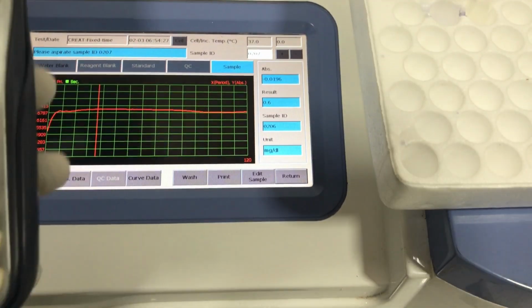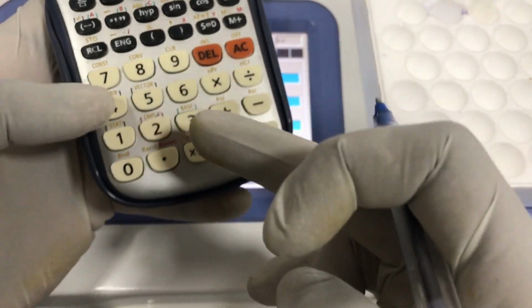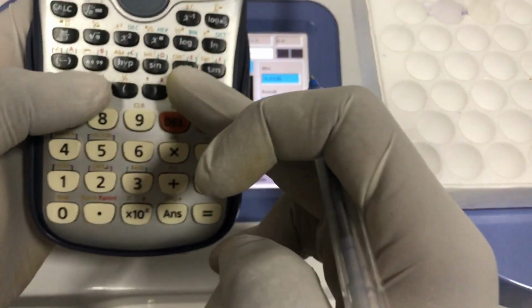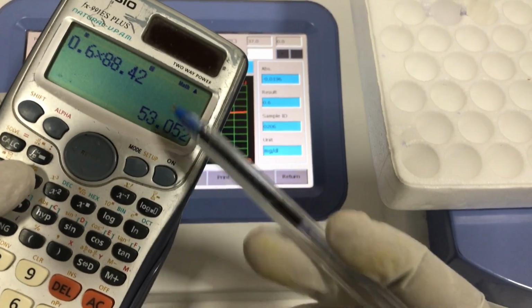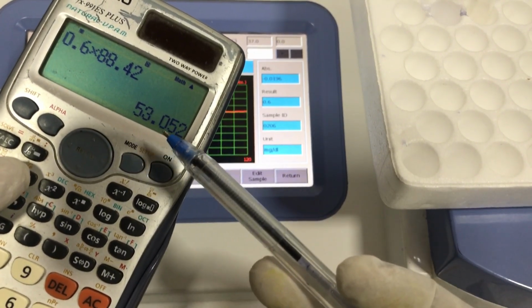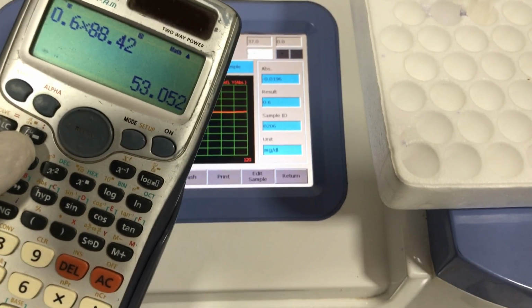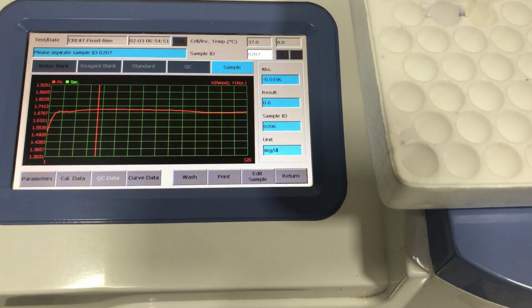That's the conversion factor. You can look it up online. So 0.6 times 88.4 will be 53.05. So that's the creatinine of this person in micromole per liter. So that will be our final result.